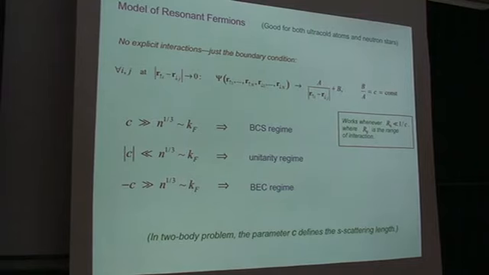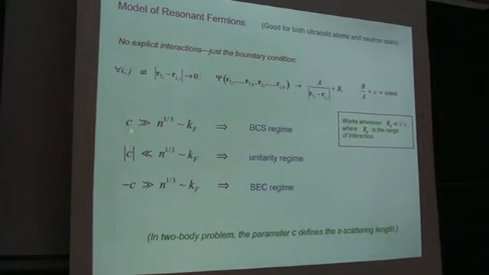The only constant which controls the physics is the ratio of these two parameters, this constant B and this constant A. The ratio is the constant C, and its dimensionality is inverse length, and the inverse of this constant gives the scale of the scattering length if we were discussing a two-body problem. But it's a many-body problem, and we have two characteristic limits when the problem becomes weakly interacting.